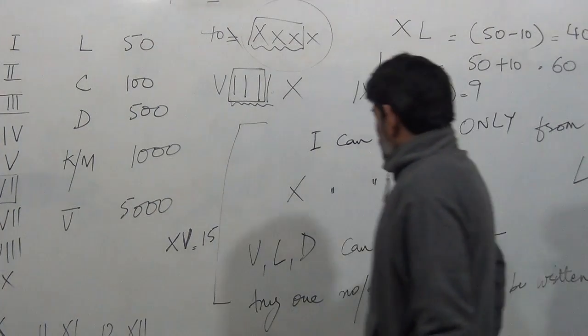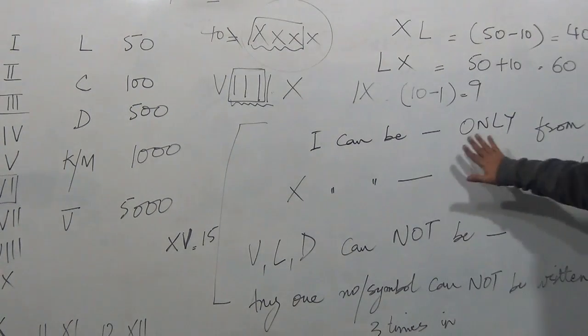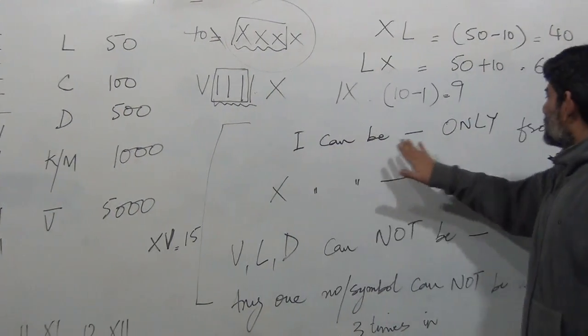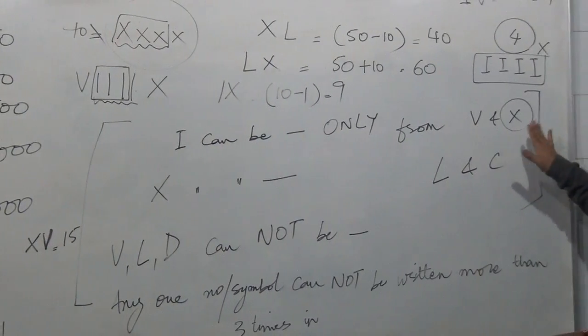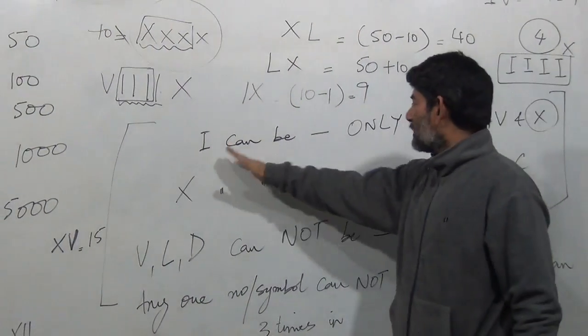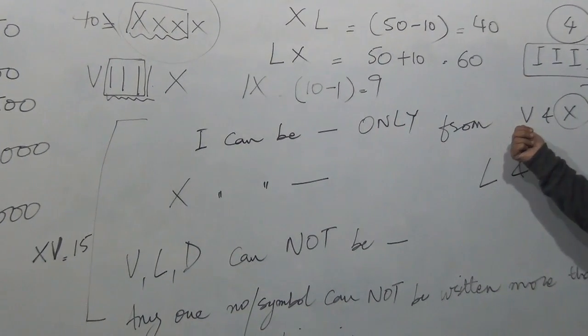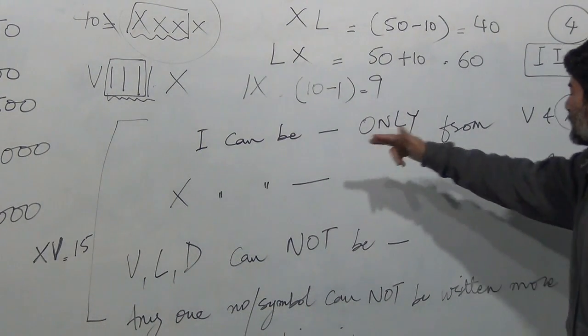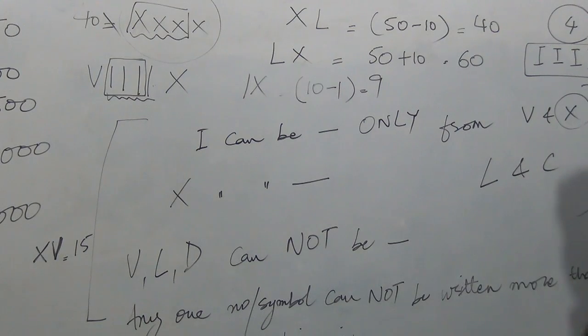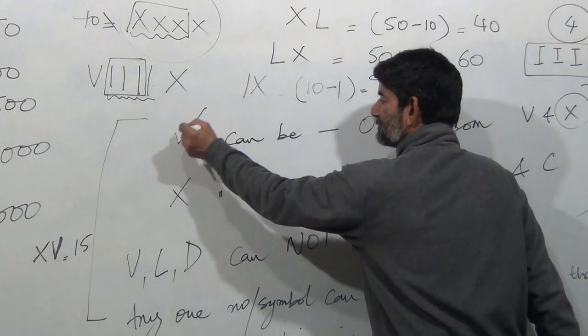Okay. Now, we have understood why 1 can be subtracted only from 5 and 10. If you were not able to subtract 1 from 5, you could never write 4. If you could not subtract 1 from 10, you could never write 9. So this has been taken care of.